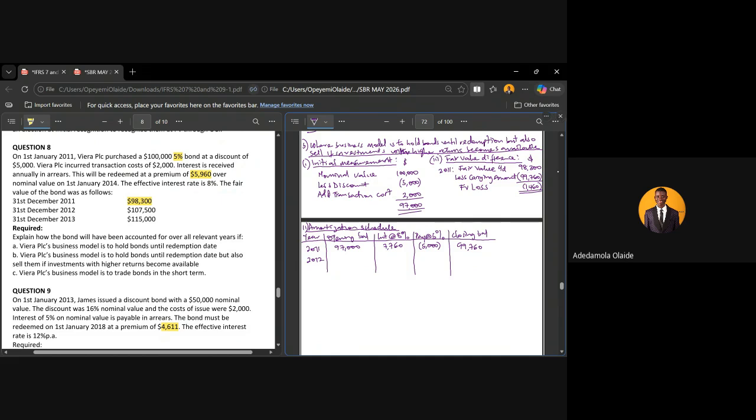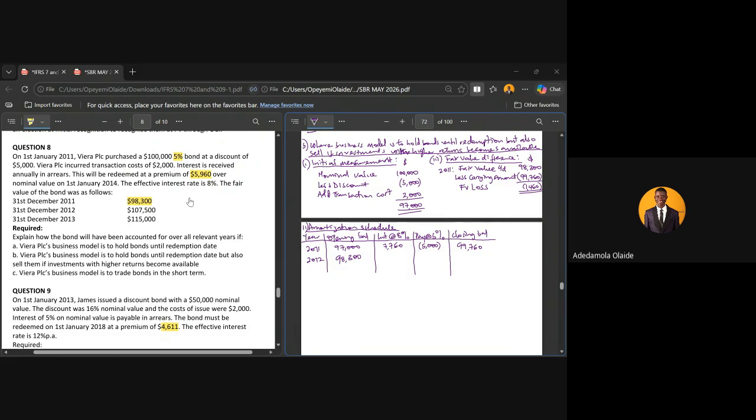Okay. So for year 2012, we start the year with what is now the closing balance. It is the fair value, because we fair value it, 98,300. Interest at 8% will be 7,864.